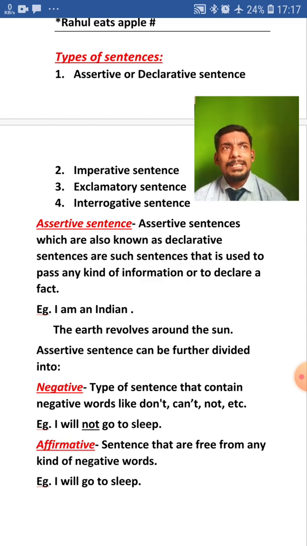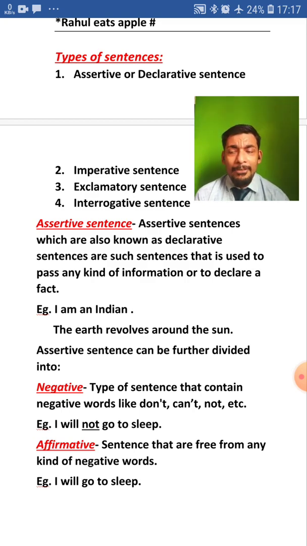Now, what is negative or what is affirmative? My dear students, assertive sentence or declarative sentence can be both affirmative or negative.